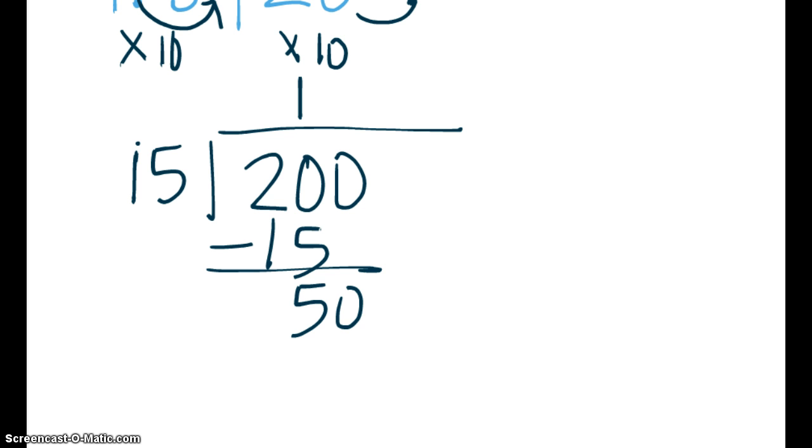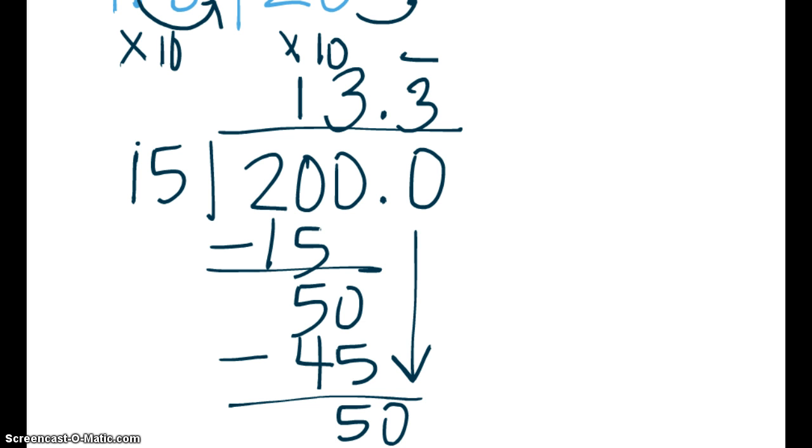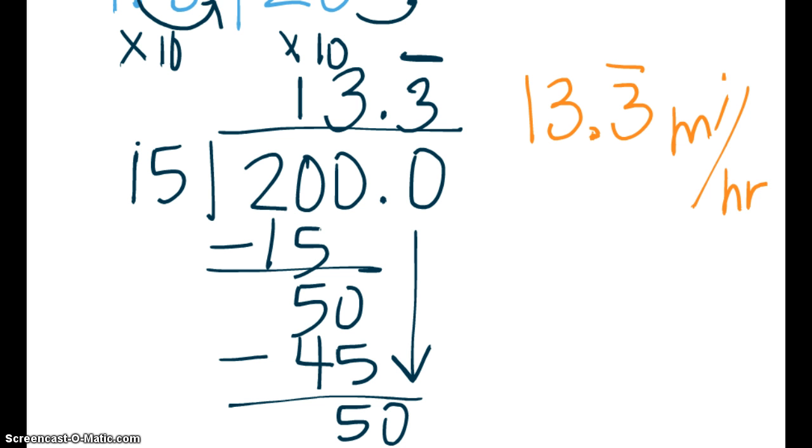And then 15 goes into 50 3 times, and that is 45. So we have 5. So I'm going to add a decimal point here, and in my answer, I'm going to bring down my 0. So I see that what's happening is my 3 is repeating. So her mean, or her average speed, is 13 3/10 repeating miles per hour.